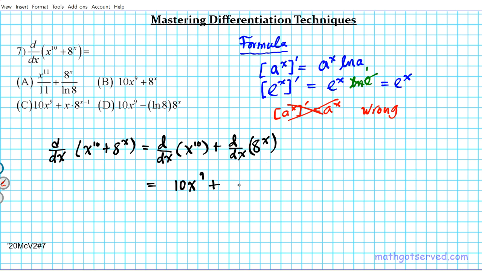The derivative of 8 to the x is 8 to the x power times the natural log of the base of the exponent, which is 8. Okay, so the answer to question number 7 is option letter D.